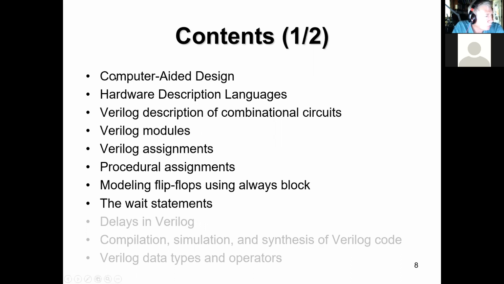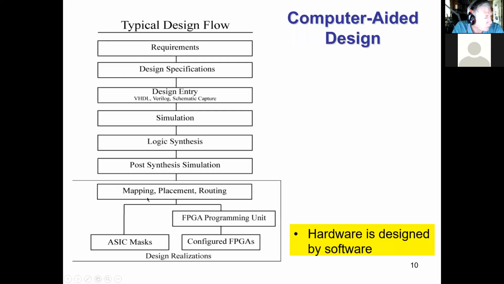Okay, here's what we're going to do. We're going to cover the bolded parts, and the rest of chapter 2 we'll cover as we go on in later lectures. So a typical design flow goes like this. Typically we start with the requirements, that's what the product needs to do.